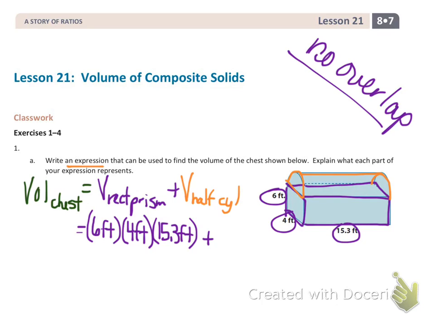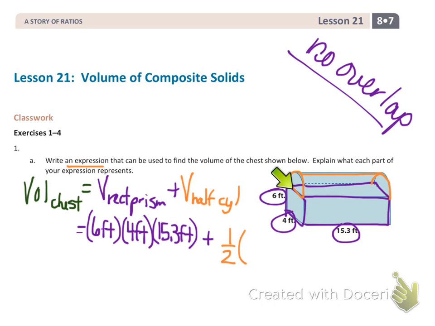And then the volume of the half cylinder, let's start with a factor of 1/2 out front: 1/2 of the volume that cylinder would be if it were a whole cylinder. So we have to find the radius of this cylinder. We know that its diameter, which is right here, is 4 feet.